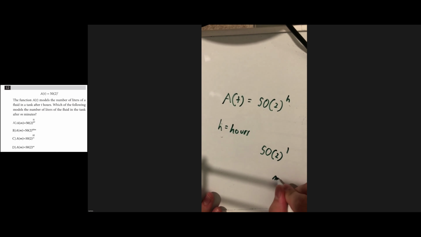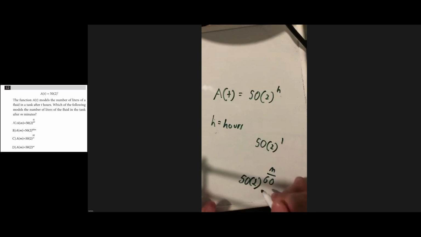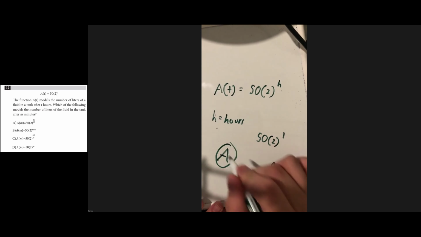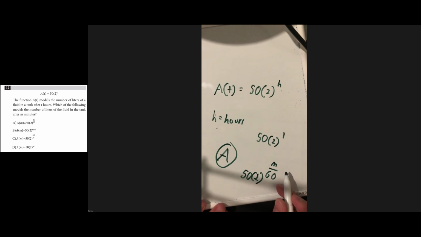So m over 60 times whatever the equation is, which is 50 times 2 to the power of m over 60, is the same thing, because 1 hour has 60 minutes in it, so 60 over 60 is also 1. And you can do the same thing for other numbers. So the correct answer here would be A, because when you get 60 minutes, 60 over 60 basically just translates into 1 hour.